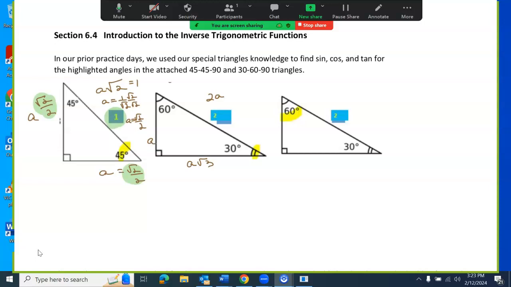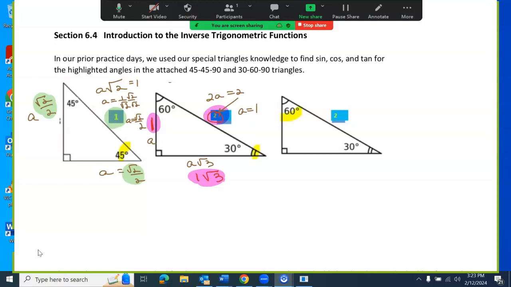So if 2A equals 2, because that value they gave us is 2, then A must equal 1. And that means that this side is 1, because that's the A side. This side is 1 root 3, and this side was 2. So let's highlight those as well. We'll highlight those kind of in pink. Okay, so there's a 1 over here, a 1 root 3 here, and a 2 here.